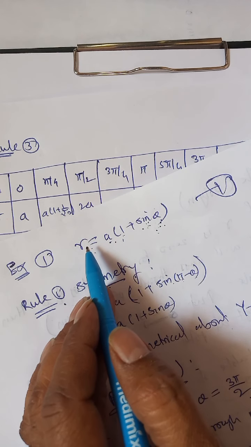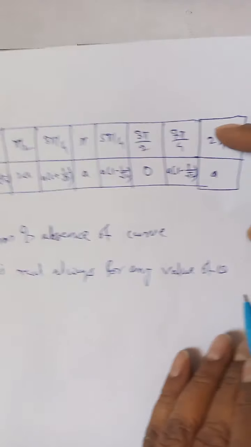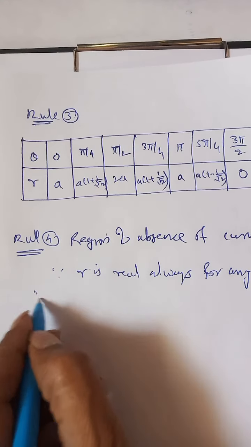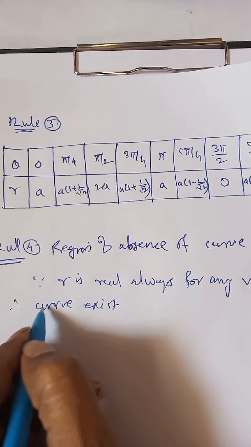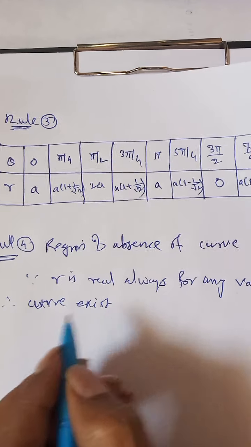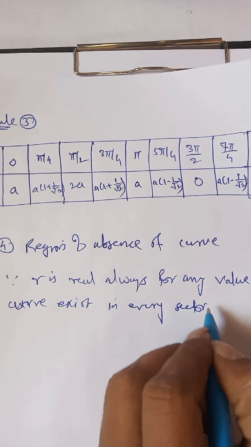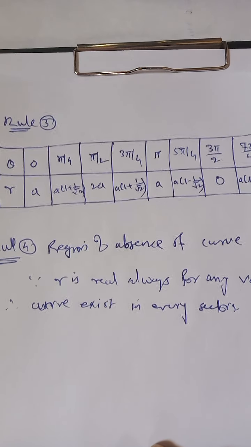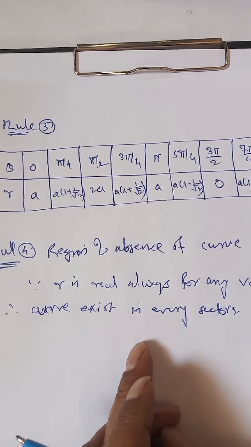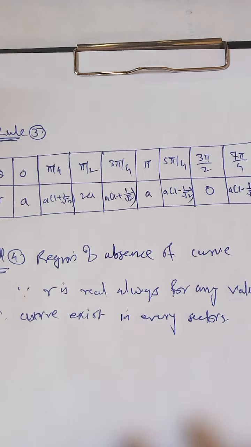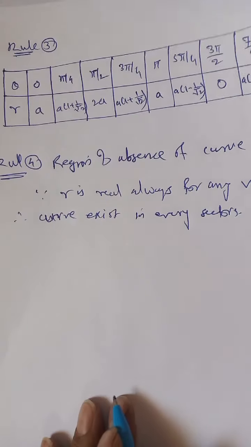It will never be imaginary. Therefore, the curve exists in every sector. Sectors, I told you, are the space or region between two lines, theta equals alpha and theta equals beta. So the curve exists in every sector. So see the curve.